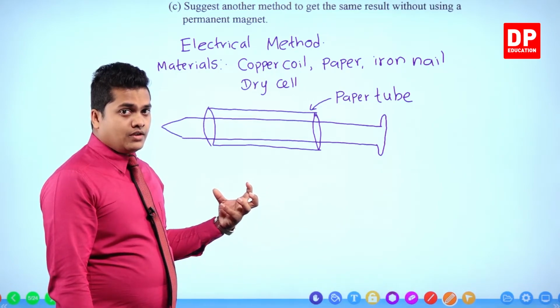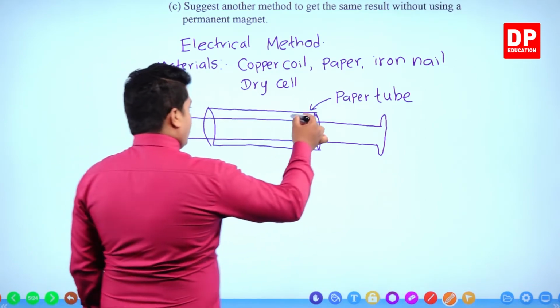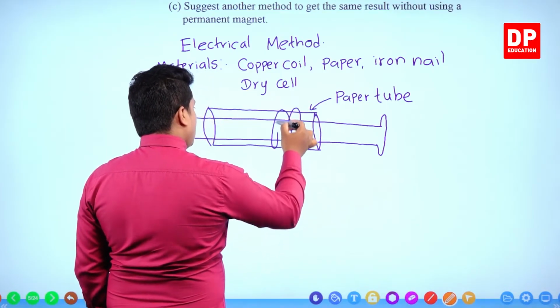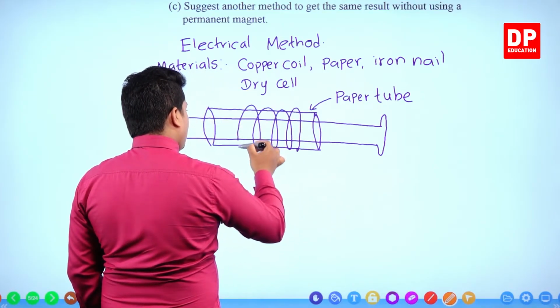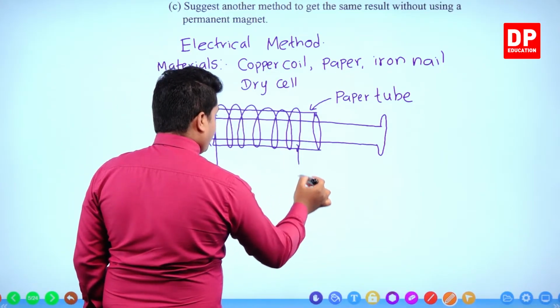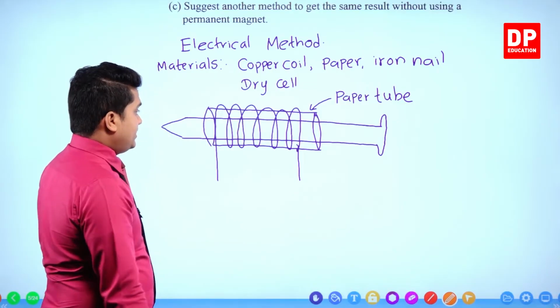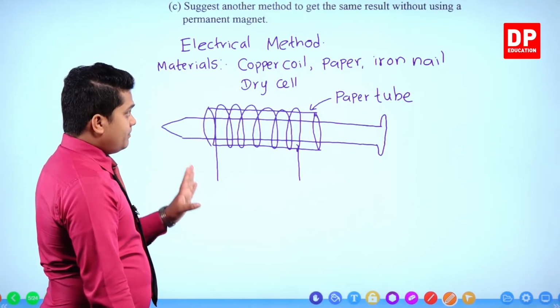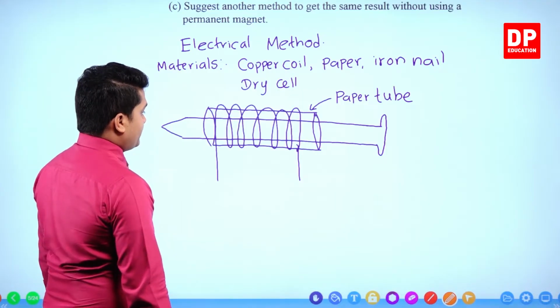Then we need to wrap the coil around the paper tube like this.